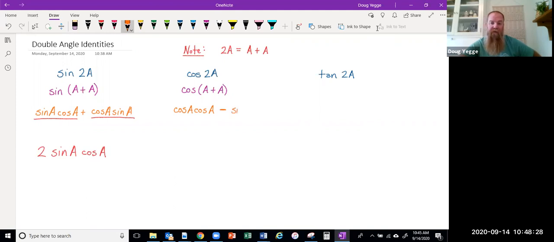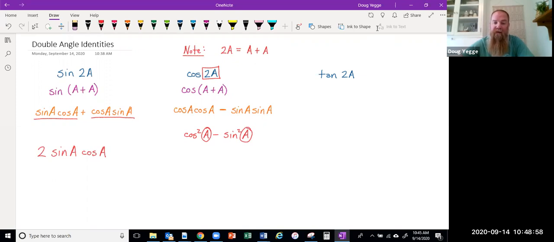And therefore, we're left with sine of a times another sine of a. And so this simply becomes cosine squared of a minus sine squared of a. And so again, if we are given a double angle for cosine, then we can use the information about the single angles in order to compute that.